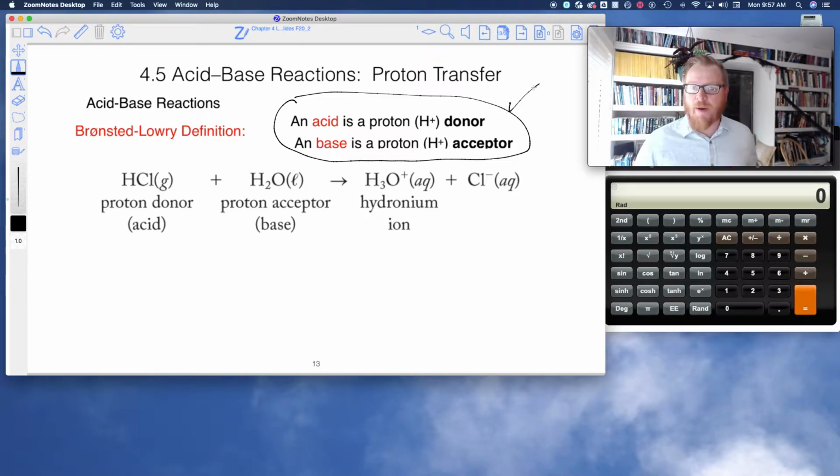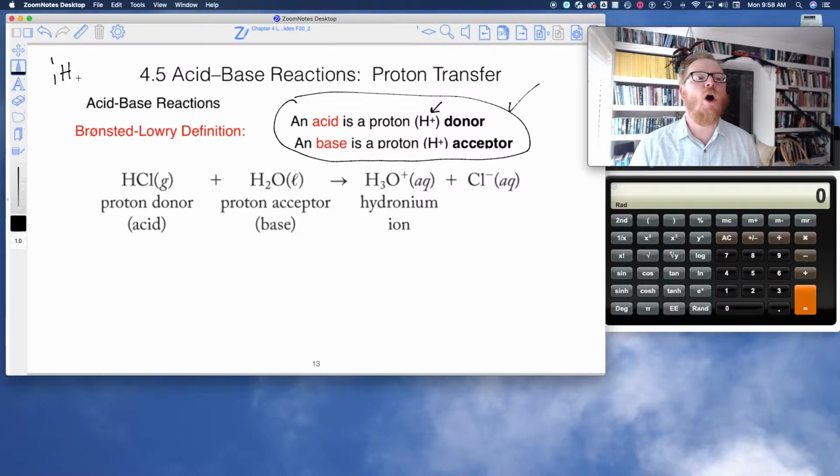And when we're talking about a proton, specifically, we are talking about the H plus ion, right? If you recall, hydrogen as an atom has 1 proton, 0 neutrons, and 1 electron, okay?